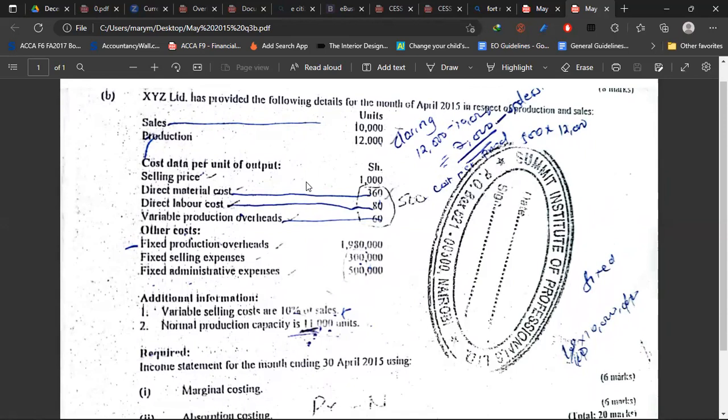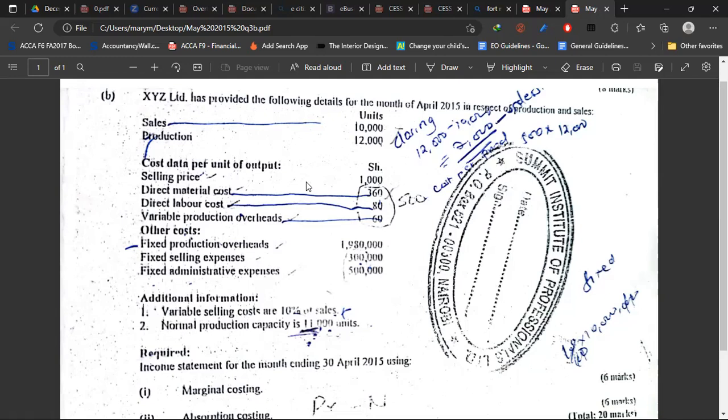XYZ Limited has provided the following details for the month of April 2015 in respect of production and sales. Sales 10,000 units, production 12,000 units. Cost data per unit of output: selling price 1,000, direct material 360 shillings, direct labor cost 80, variable production overhead 60.